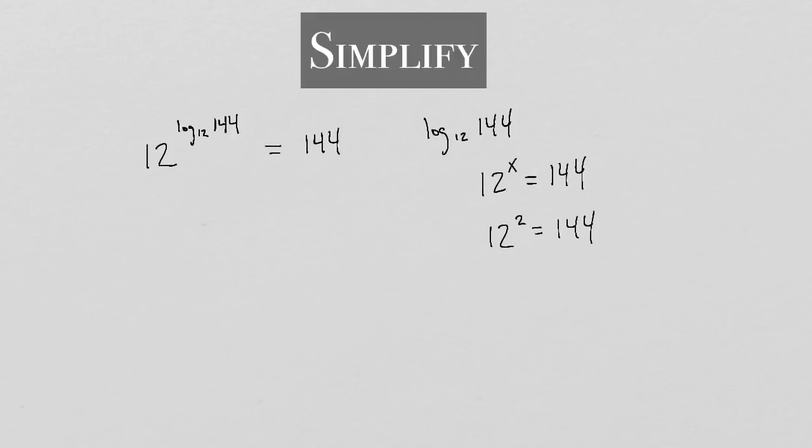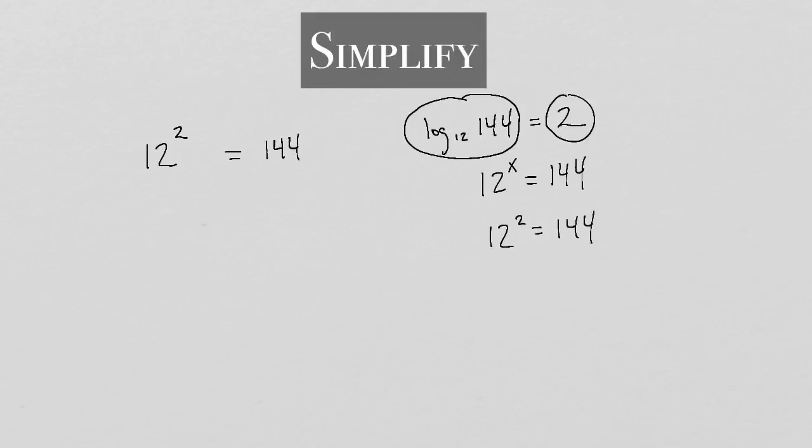So this portion equals 2, and I could replace this with a 2. And then lo and behold, this statement ends up staying true. So that's the idea behind this.